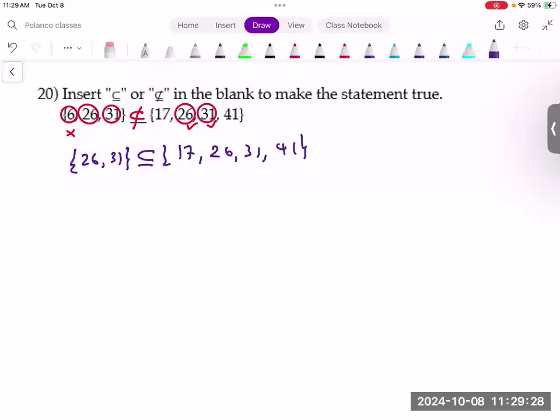And let me ask you again, is 21 a subset of, no, I'm sorry, is 21 a subset of 17, 26, 31, and 41? We cannot use a subset. What can I use here? Element of. Very good. I need to use element of. I cannot use the subset symbol here, right? Because this is only an element.